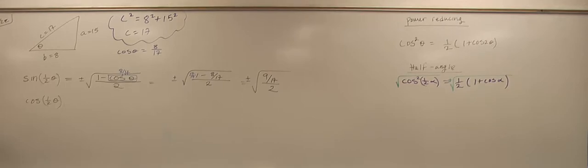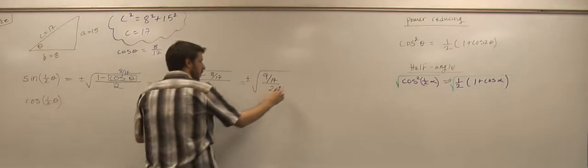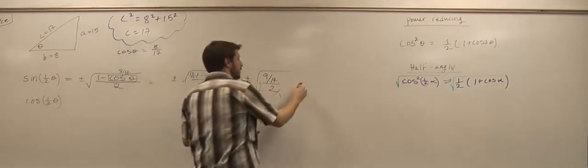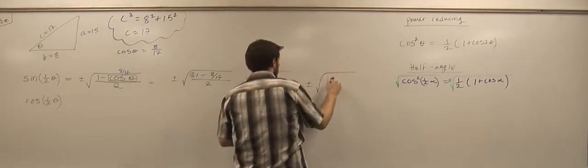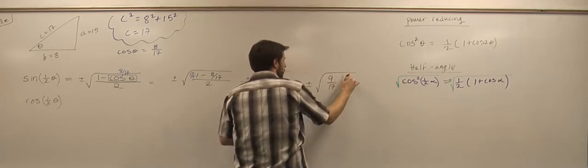Then what do you do about that 2 on the bottom? Flip it up and multiply. Right, this is 2 over 1. You flip it up. It'll be 9 over 17 times 1 over 2.